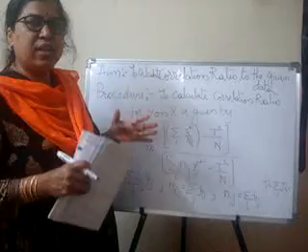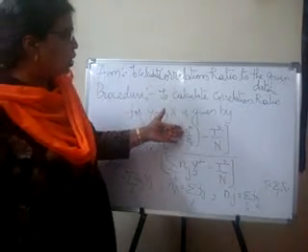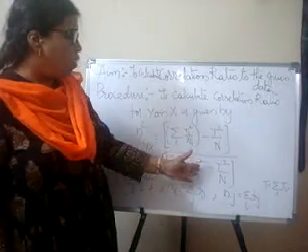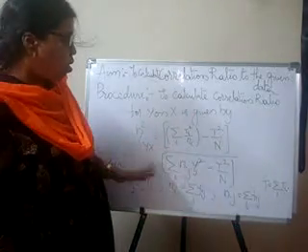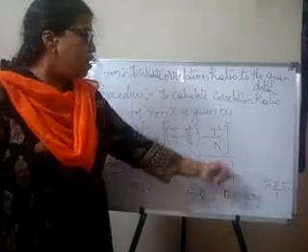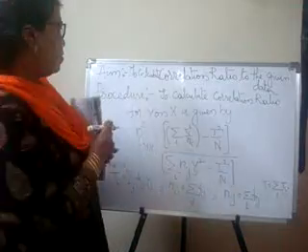From the given x's and y's, we have to find Ti dot, T, capital N, n dot j, Yj square, all these things. Based on this, we will do the calculations.